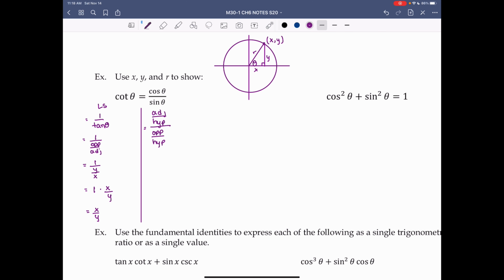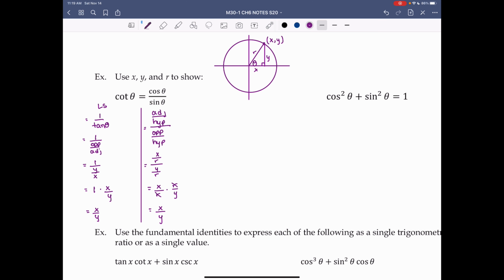From our circle, adjacent is x, hypotenuse is r, opposite is y, hypotenuse is r, so we get x over r divided by y over r. Then to divide fractions, we multiply by the reciprocal, so x over r times r over y. The r's would divide out, and we would be left with x over y.